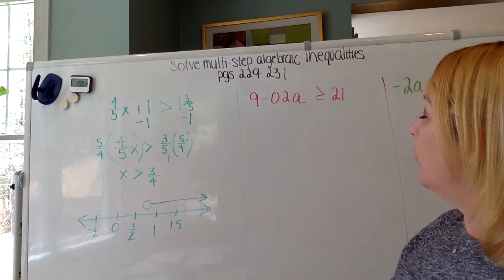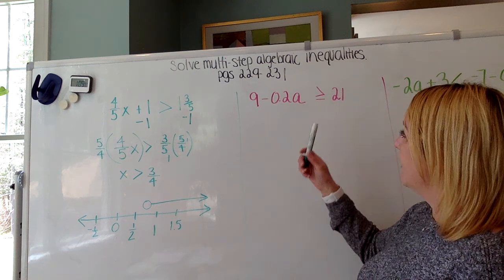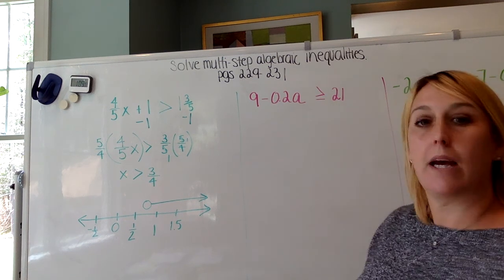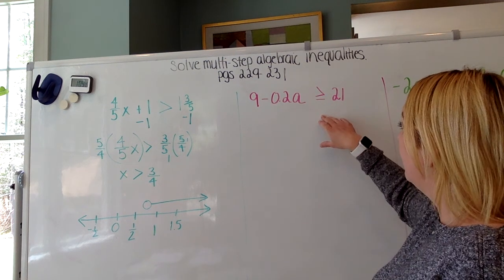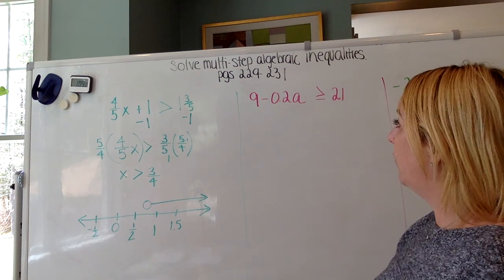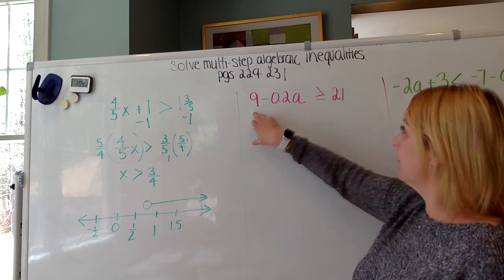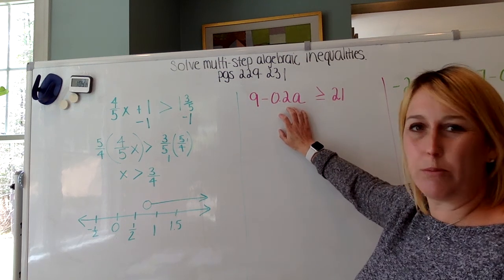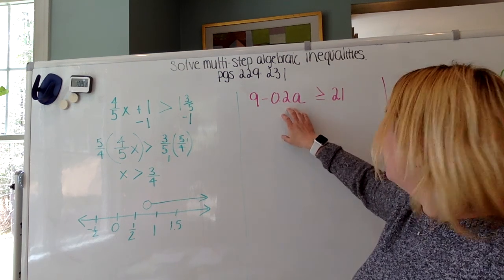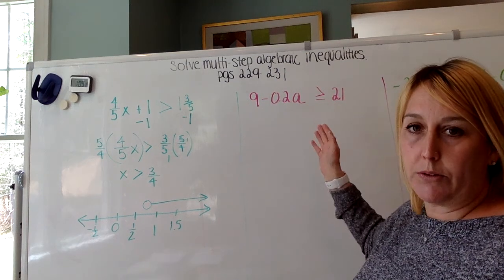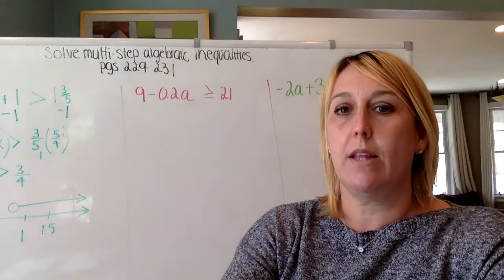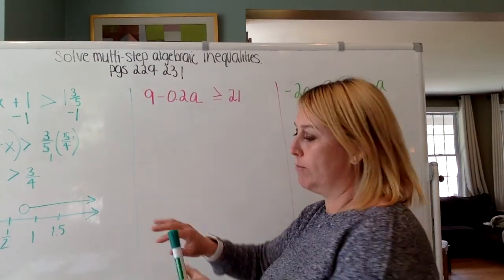Okay, so over here, we have 9 minus 2/10 a is greater than or equal to 21. So the first thing we're going to do is move this constant over here, right? Why bother moving the variable? Because there's no other variables that we need to combine it with. So it makes sense. Let's just go ahead and move our constant.